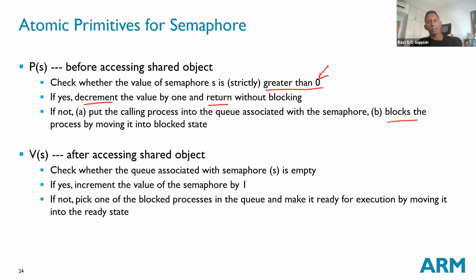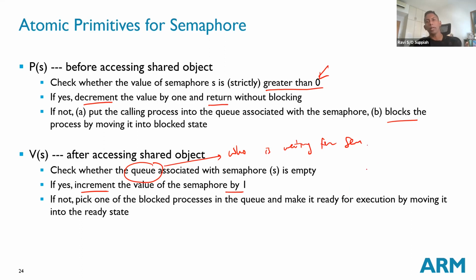Now once I have finished, I can return the semaphore. When I return the semaphore, I will increment the value by 1. The queue is the queue of who is waiting for the semaphore.